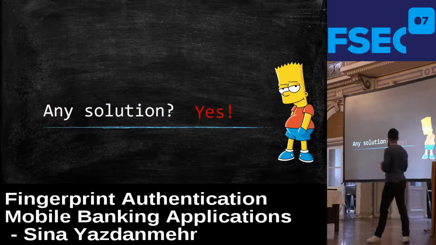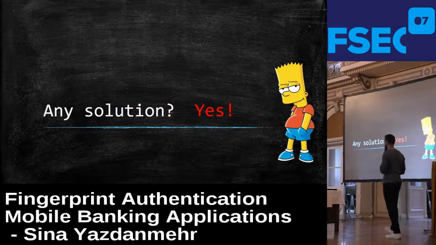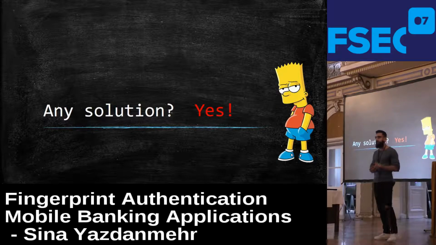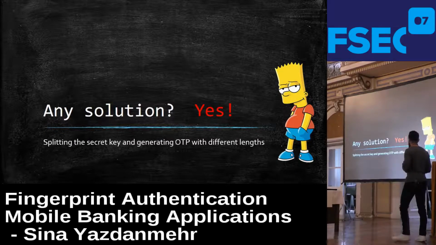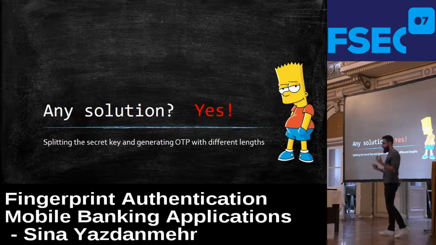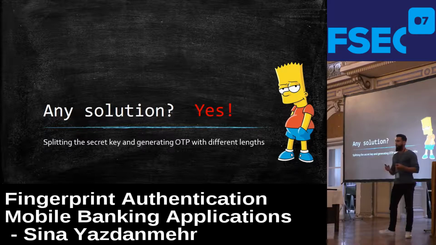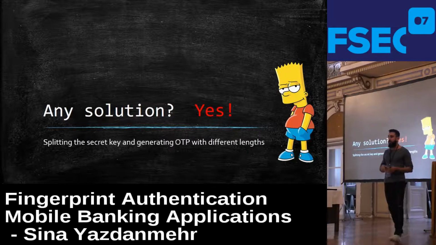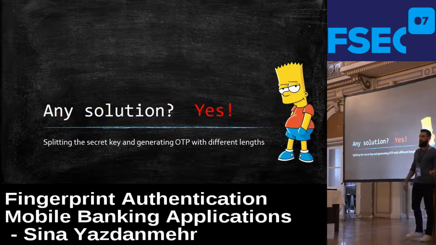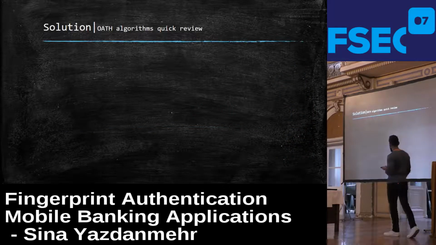But there is definitely a better solution for that, and it's easy to implement, secure and safe. What's that? You can easily split the secret key into different inequivalent parts and use each part for each type of authentication. How?